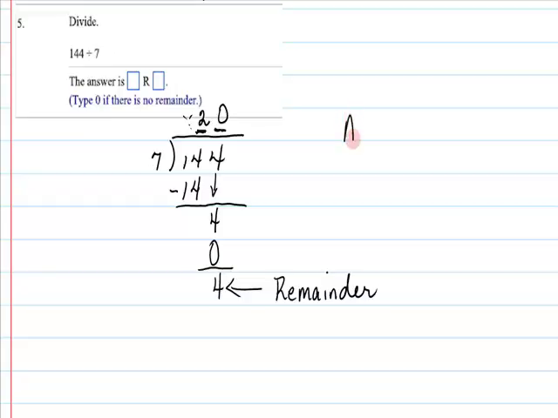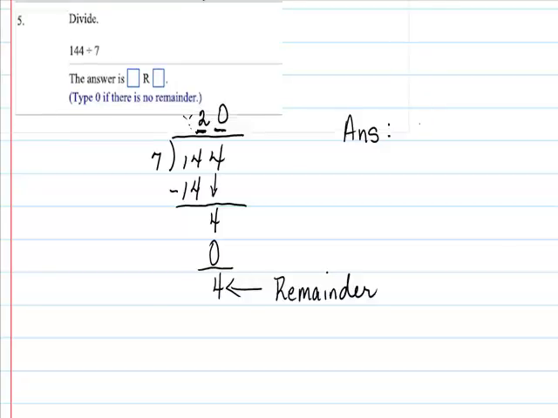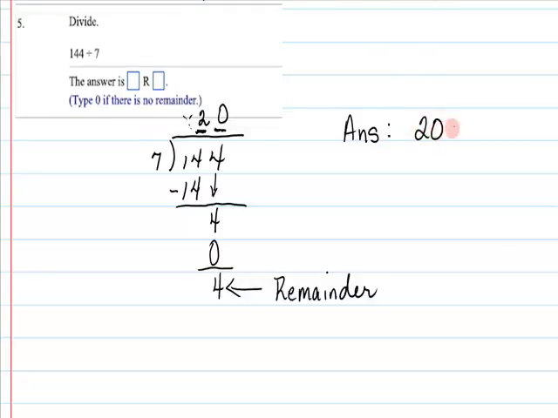So the answer to this problem is 20, remainder 4. There are 20 groups of 7 in the 144, and then there's another group that only has 4 in it.